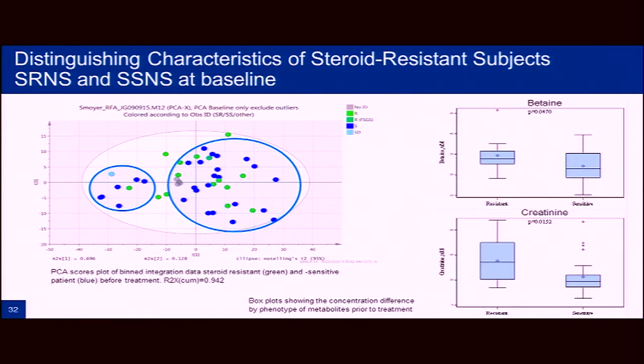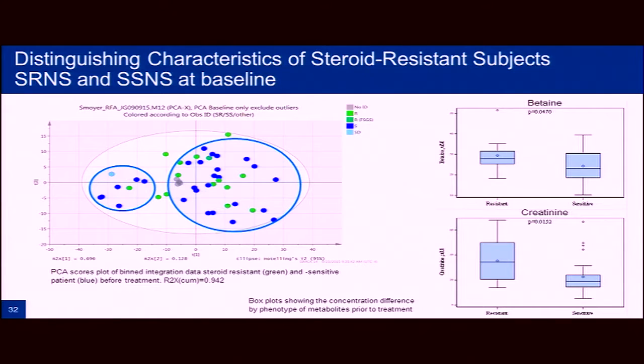Now, the question we really wanted to answer was, can we tell the difference between the two at baseline? And the PCA for our bin data, not really good. But when I go through and fit the compounds that I can, what we found are significant differences in betaine and creatinine concentrations between the steroid-sensitive and the steroid-resistant patients at baseline.